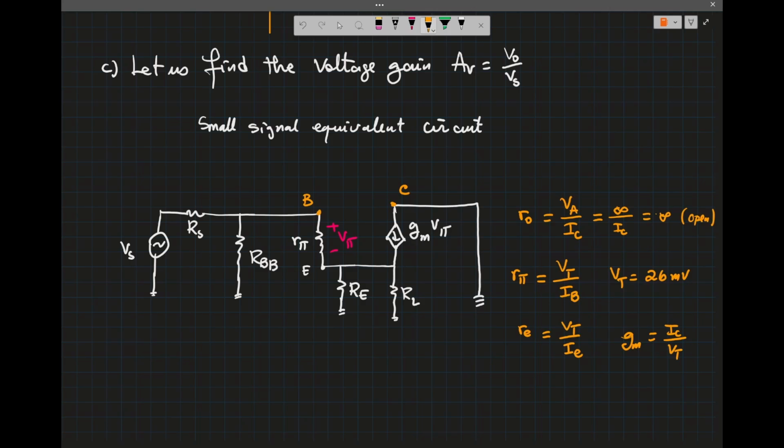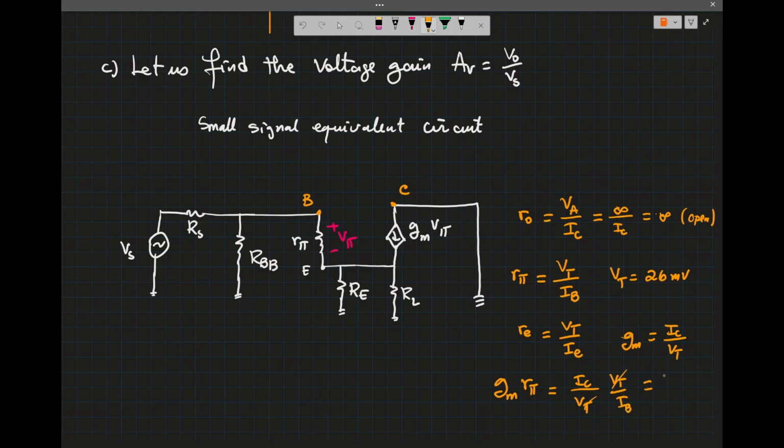So, if I have gm multiplied by r pi, we're going to see this quite a bit. That is what? gm is IC over VT, and r pi is VT over IB.